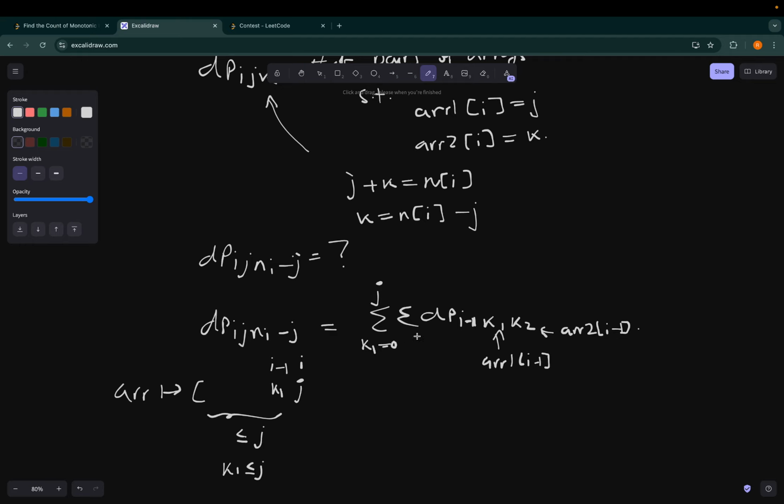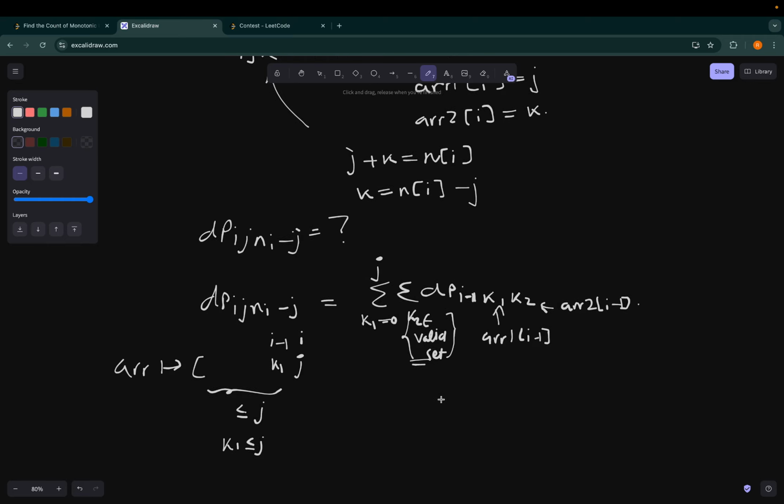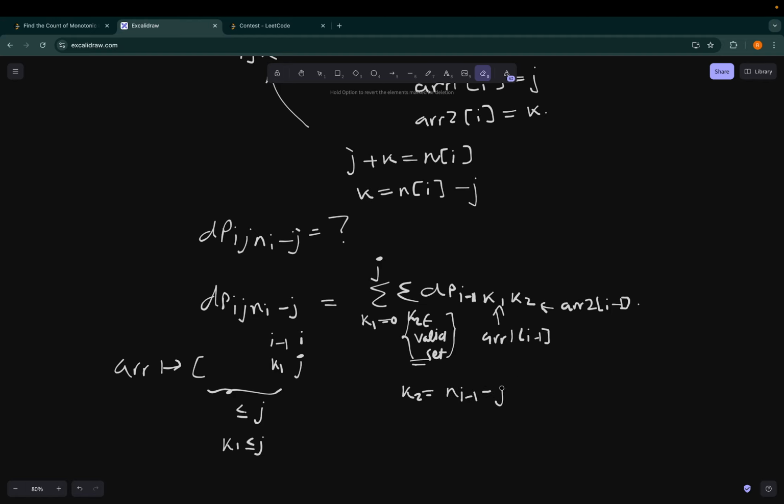And k2, what about k2? So k2 will essentially belong to some valid set. And how do you find this valid set? It's essentially a restricted set, and to find k2, you know that k2 is n of i minus 1 minus k1, right?